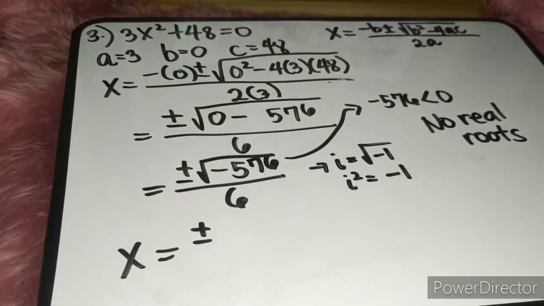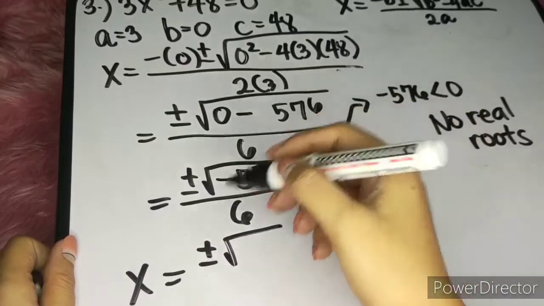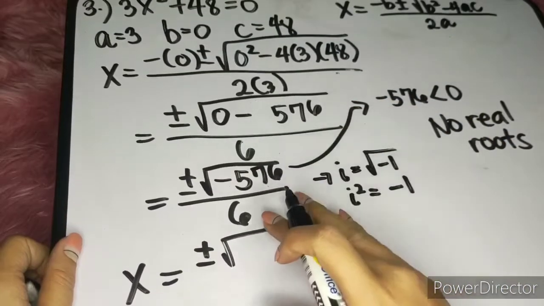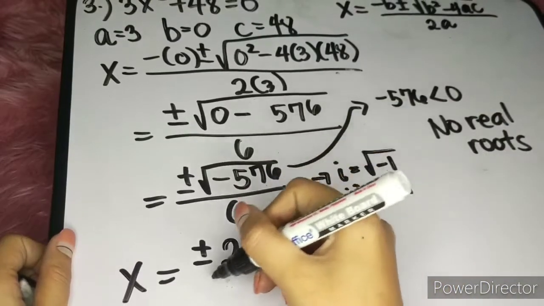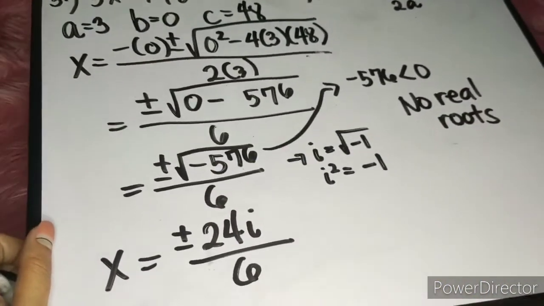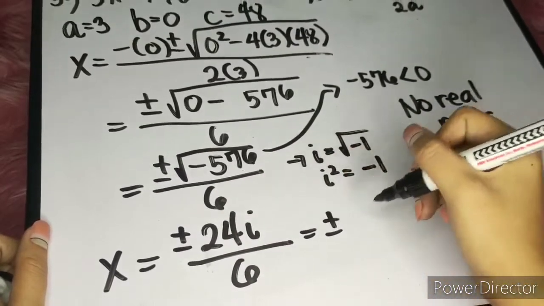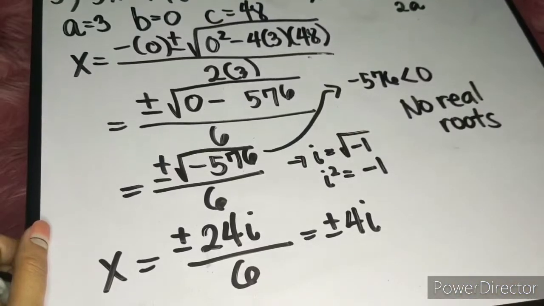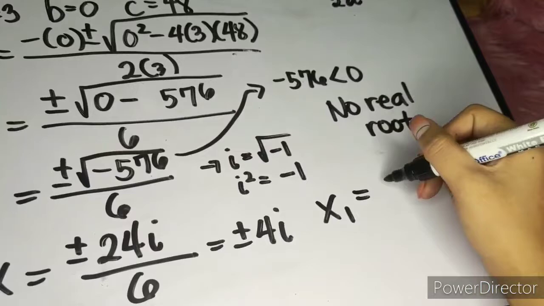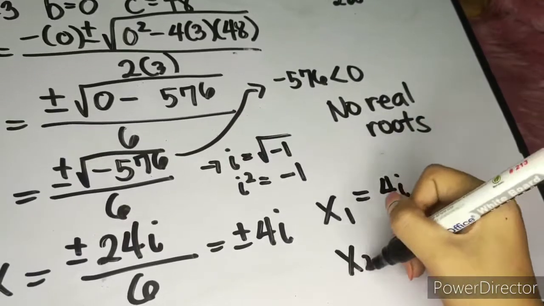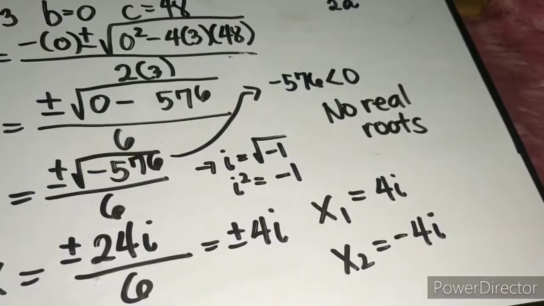So, not 4, but rather it's 24i over 6. And then, we could divide, so we will be having positive, negative 4i. So that is our roots, so which means that our x sub 1 is 4i and x sub 2 is negative 4i.